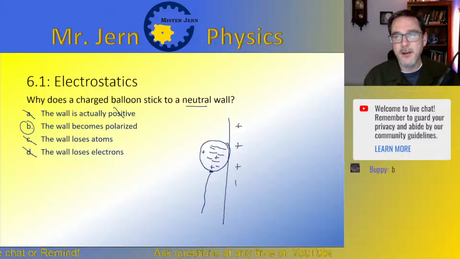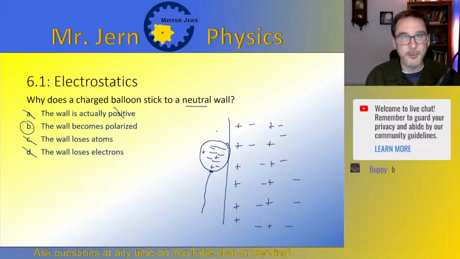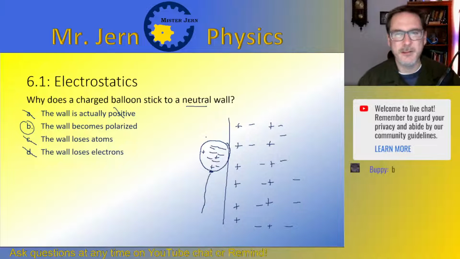Well, the wall overall will have just as many negatives as positives, but the positives don't move. They're stuck, don't forget. So the negatives get pushed away from the balloon. The simulation shows it a lot more clearly than my terrible drawing, but that's basically what's happening.